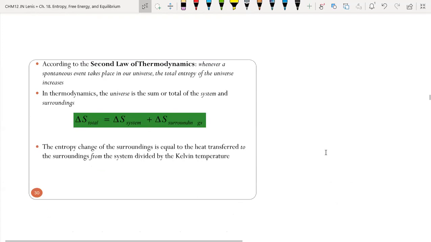And we can summarize that the total change of entropy equals the change of entropy of the system plus the change of entropy of the surroundings.